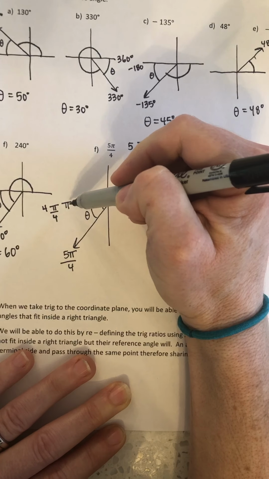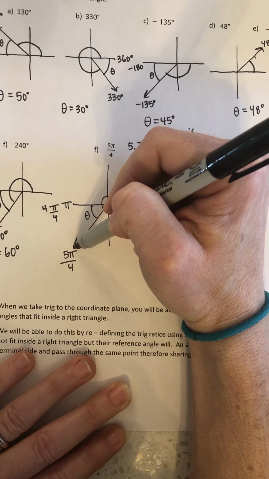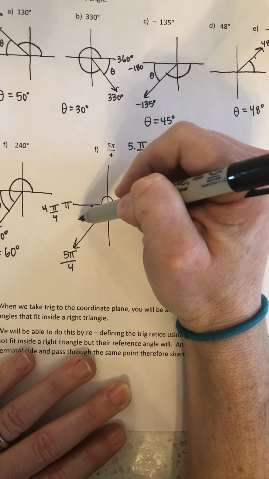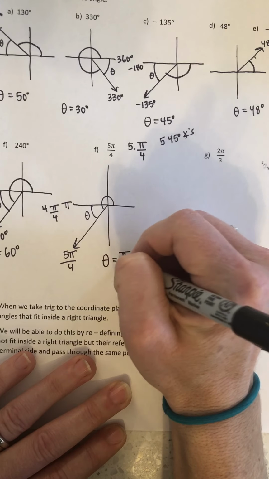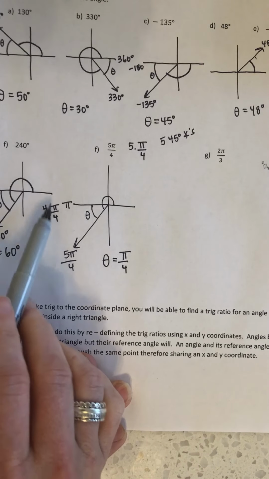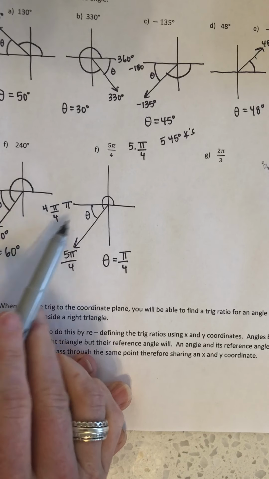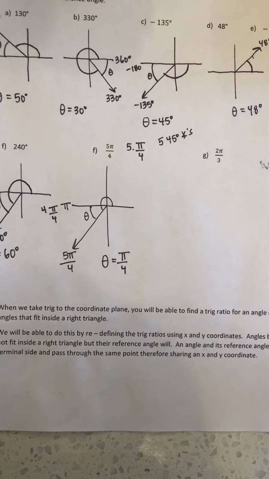So now, how many pi's over 4 land in between 4 pi over 4 and 5 pi over 4? 1 pi over 4. So the reference angle here is pi over 4 radians. So I call this, that 4 pi over 4 equaling pi, I call that an anchor. And that's what I use a lot with my radians. And I'll never forget my teacher teaching me.